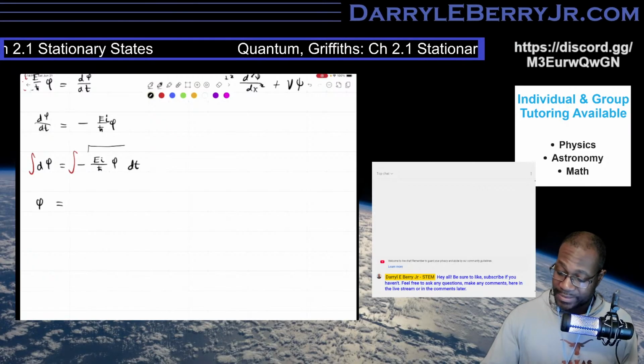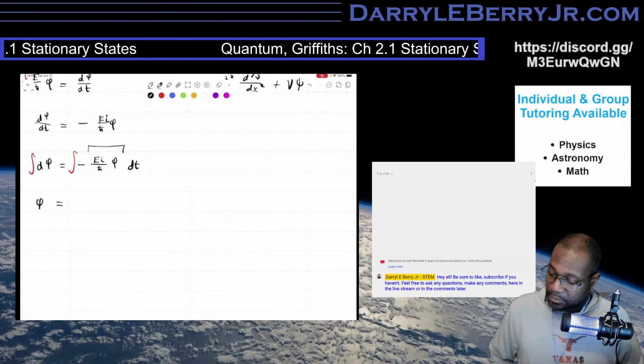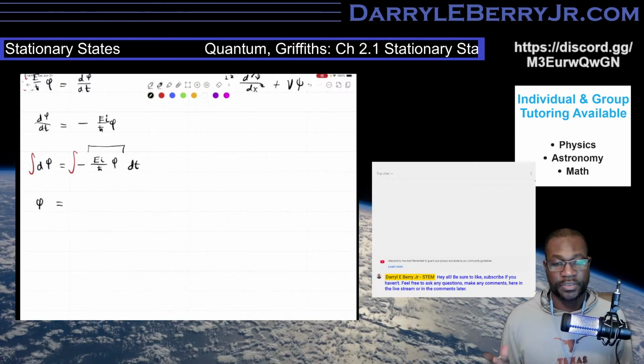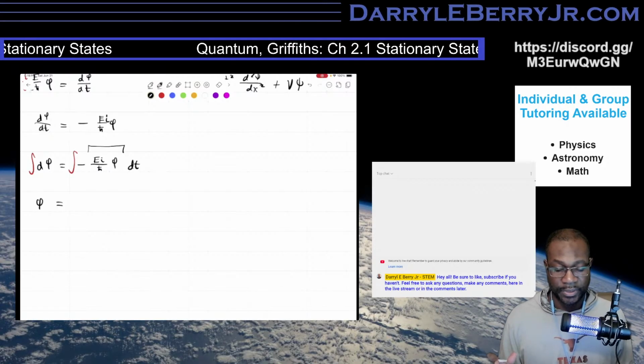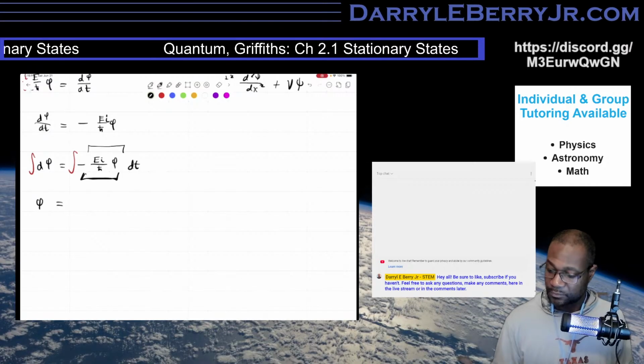And what we need on the right side is something that when we take the derivative of it, it equals this.